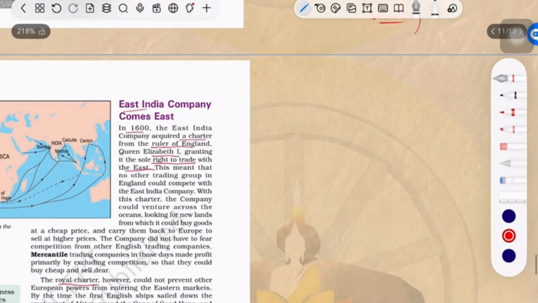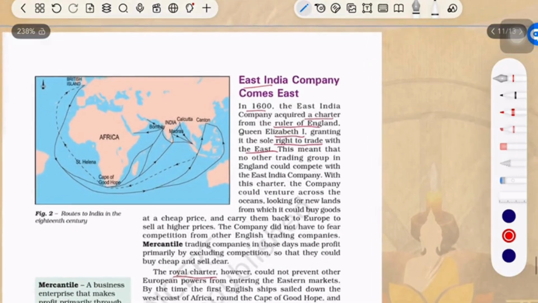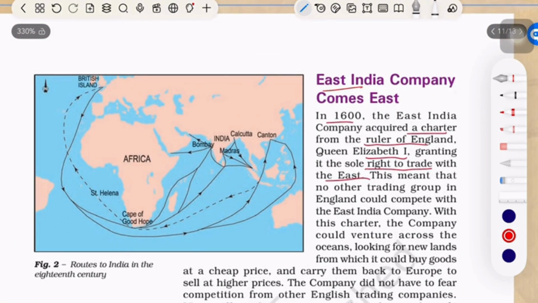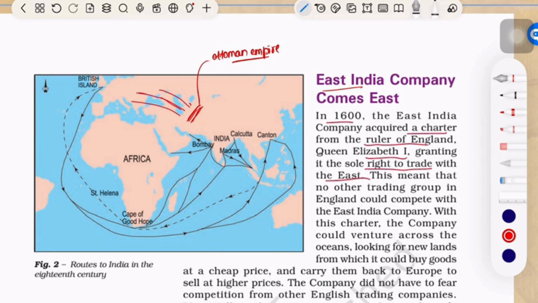Then let's have a basic understanding of the East India Company, how it came to India. You have to understand this basically if you follow this map. Initially, they mostly used this route of Central Asia, but in the 14th and 15th century, the rise of the Ottoman Empire and Arab traders dominated, and they did not allow any trade to pass through this route.